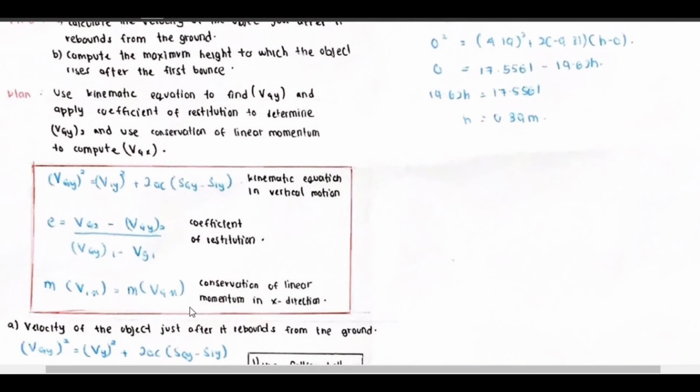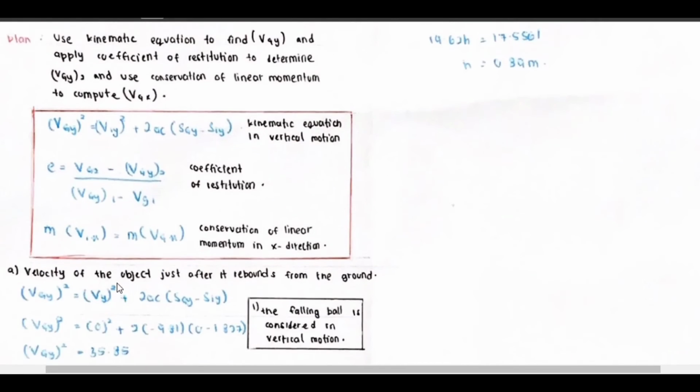Here are the formulas that we will use to calculate the velocity of the object. This is the formula for the kinematic equation in vertical motion, this is the formula for the coefficient of restitution, and here is the formula for conservation of linear momentum in the x direction.